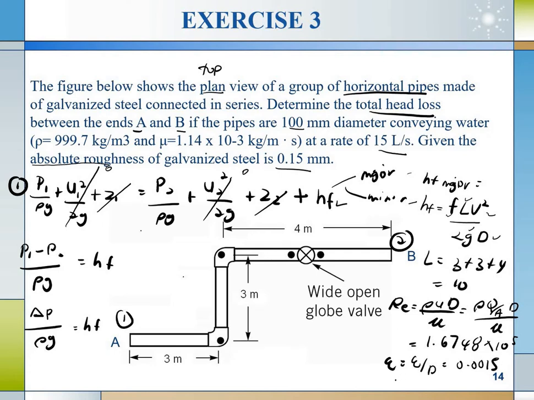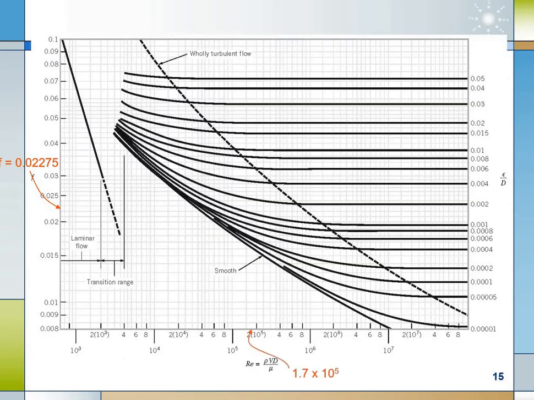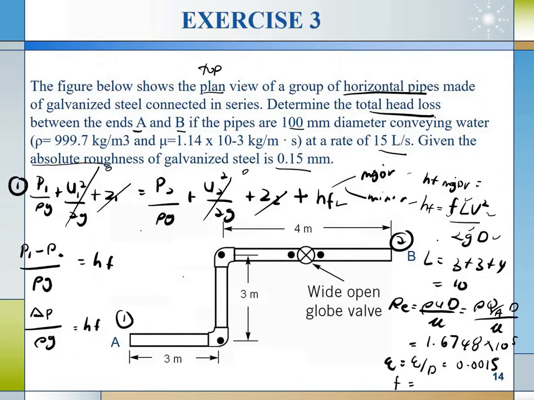So with this value, you will get the friction factor from the Moody's chart here. You will have 0.0275.